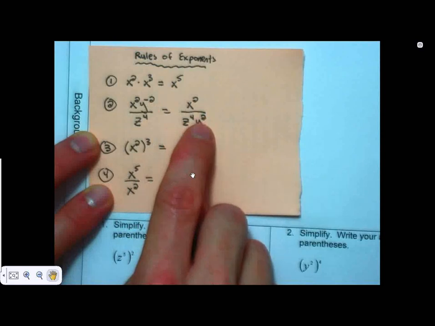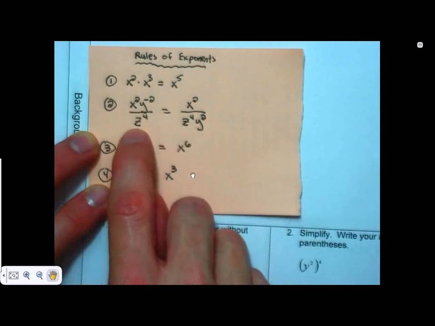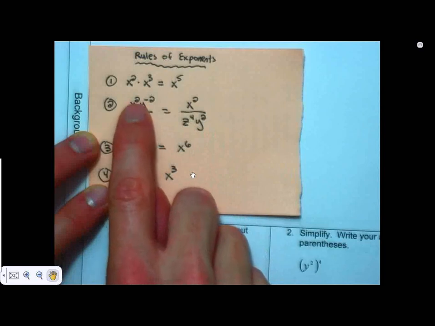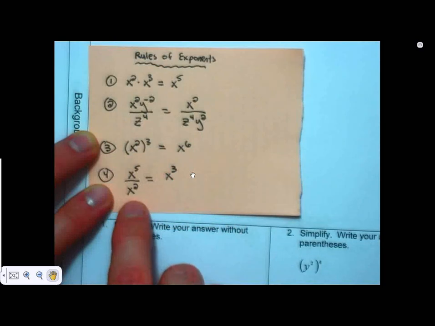So we get y squared on the bottom, and the x to the second and z to the 4th stay where they are because their exponents were already positive. The 3rd rule is the one that we just introduced, and then the 4th rule is if you're dividing by like bases, then what we do is subtract the exponents.